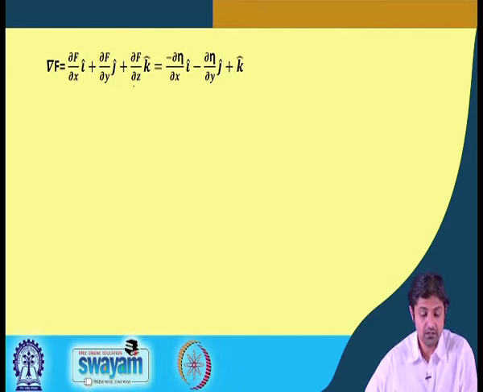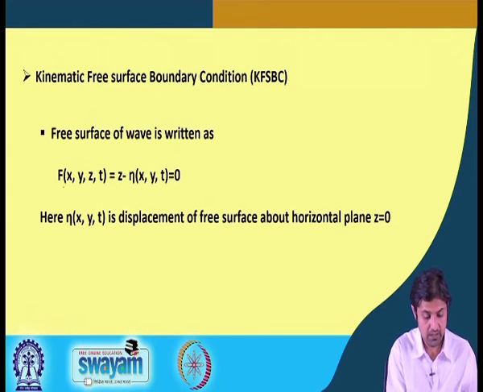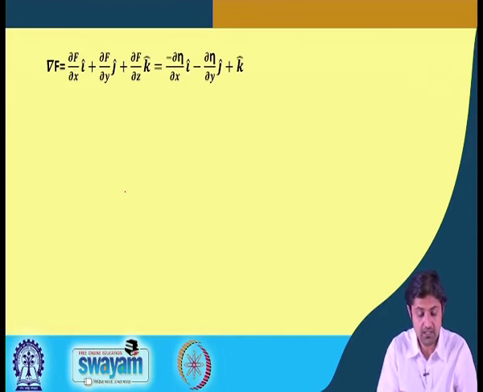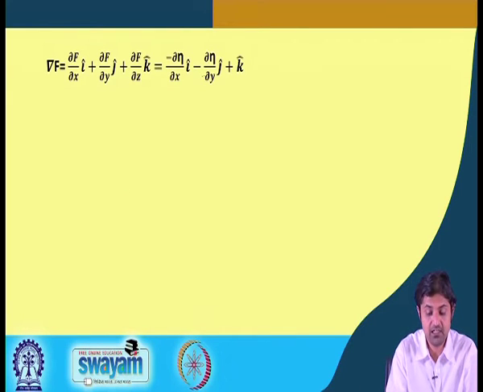If we put f as z minus eta x y t, then we get minus del eta del x i cap minus del eta del y j cap plus k cap.